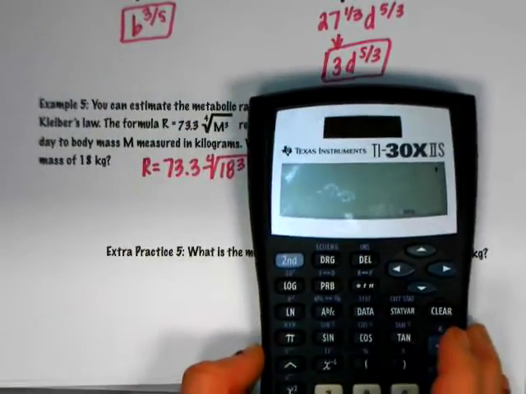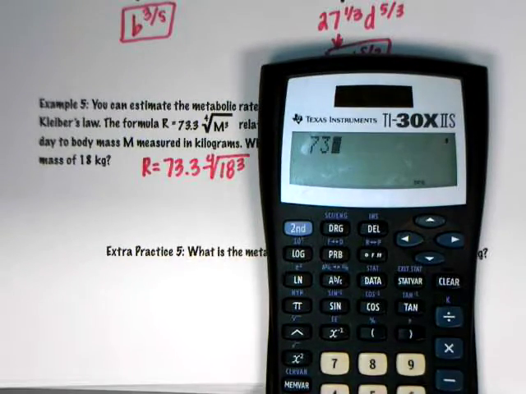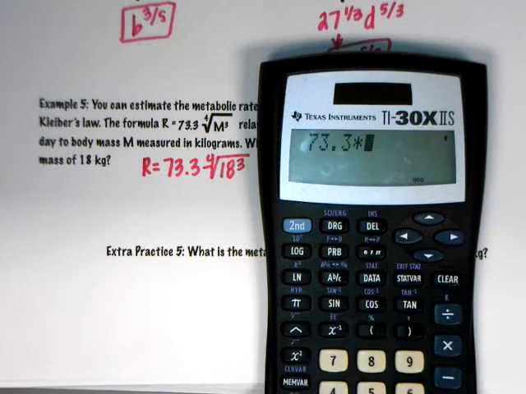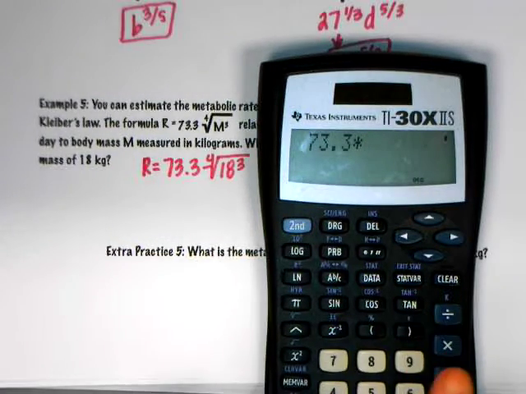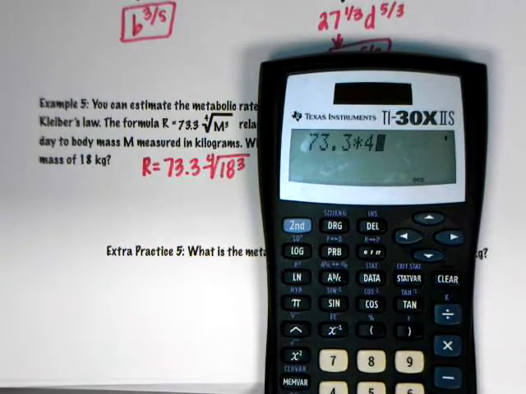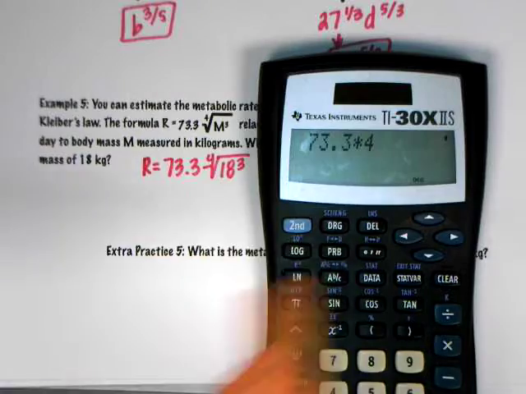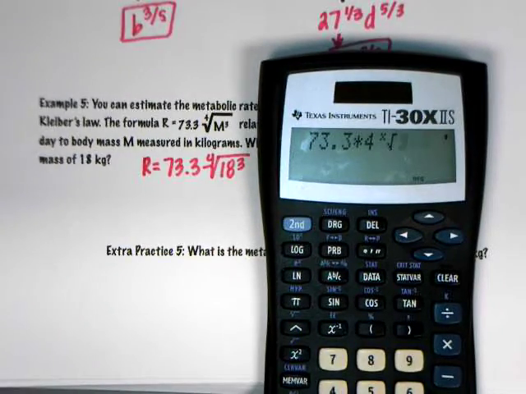Try to get this under the light. Okay, so what you want to do is you want to do 73.3, and then times, so use the multiplication sign. So this is not the graphing one. The graphing one, you can just put it in like that. You don't have to be all fancy. Then you're going to do the outside number, so the 4th root, so put 4. And then your second, and then the X root button that we did.